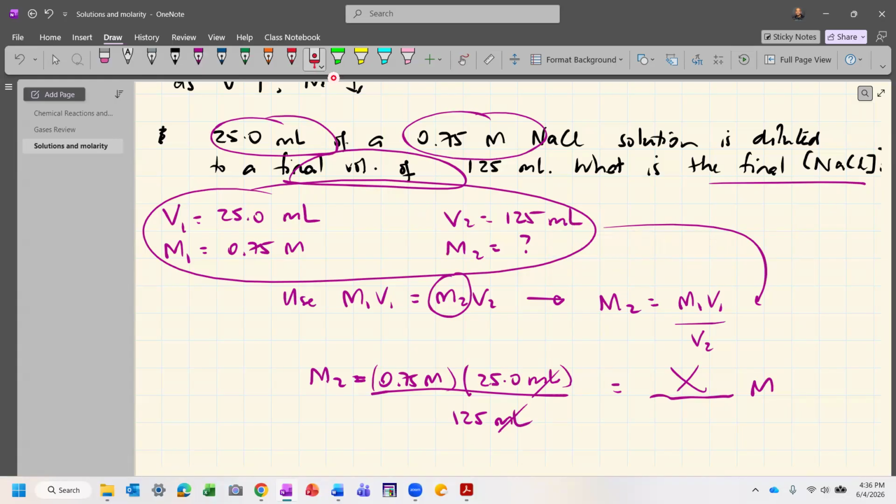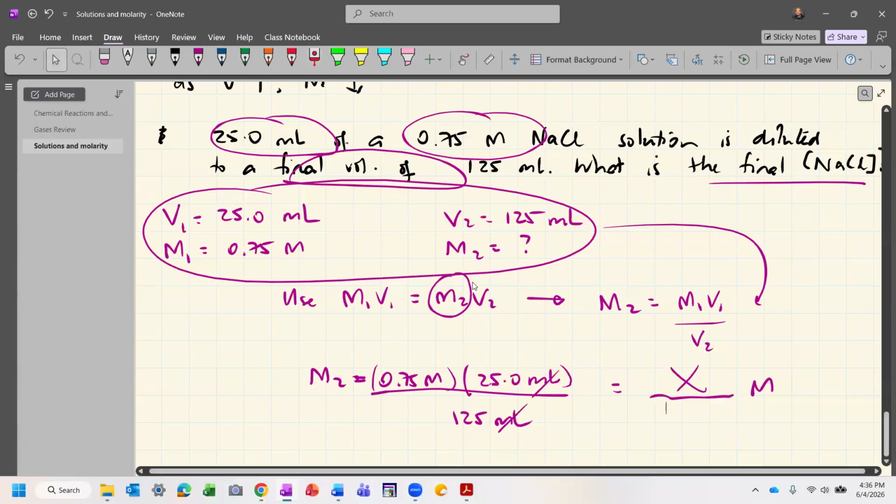So it has to be less than 0.75 molar. And if it isn't, that means you either used your calculator incorrectly or you did the algebra wrong. So you want to make sure that you use all those little tricks and tips along the way to help you not just get an answer, but process the answer. Does the answer make sense? Does it not make sense? And if it doesn't, well, then we can troubleshoot along the way.